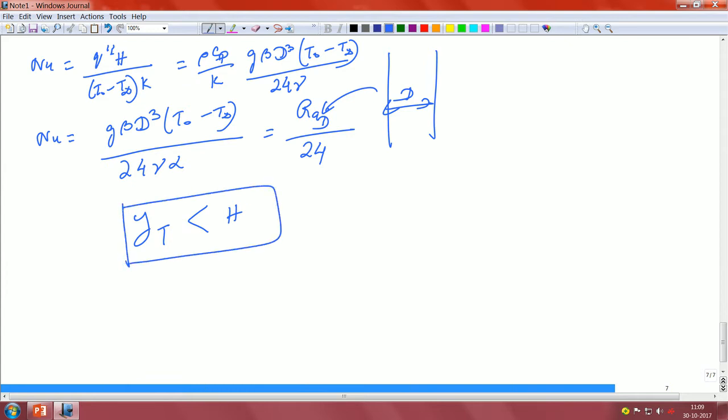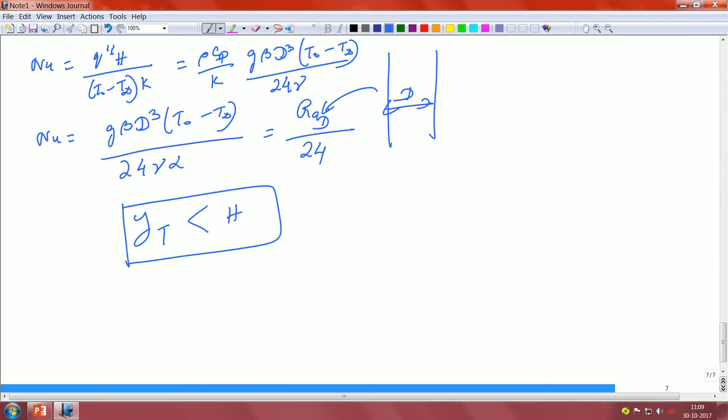That means if the two boundary layers are developing for a very long distance, or if the plate heights are very small, that means they are short plates, right. Short is once again depending on how fast yt is actually developing. Okay.